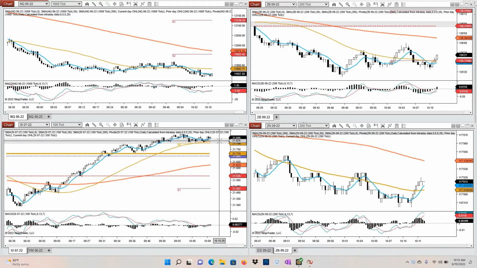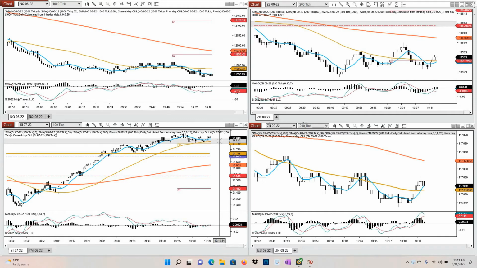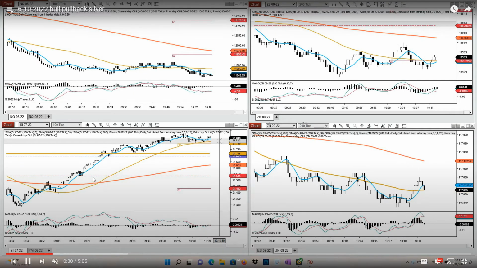Notice how price, number one, is at new highs. We had a golden cross. This 50 just crossed above this 200. We just broke above the day's open and the previous day's close. That's that purple line. And we're sitting right on top of the pivot point.